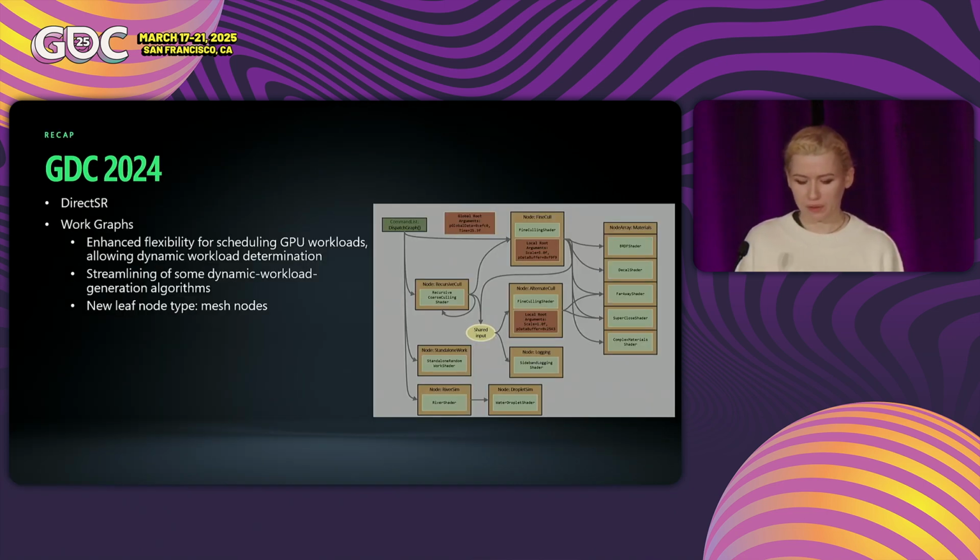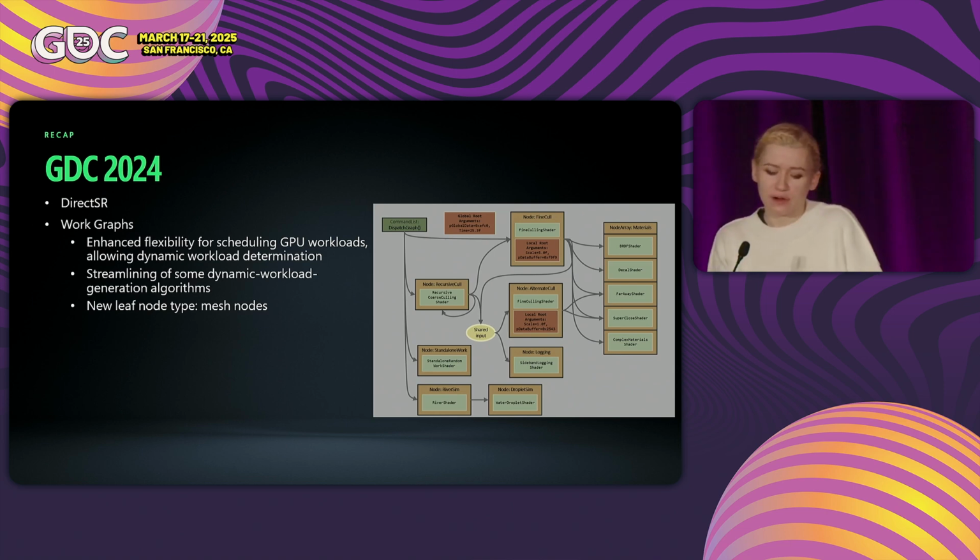Let's start with a recap of DirectX at GDC 2024 last year. Last year, we announced DirectSR, which lets you use GPU-accelerated upscaling in a platform-agnostic way. We announced work graphs, a new step in giving you flexibility around what executes on the GPU.